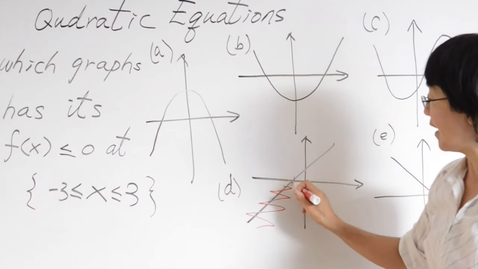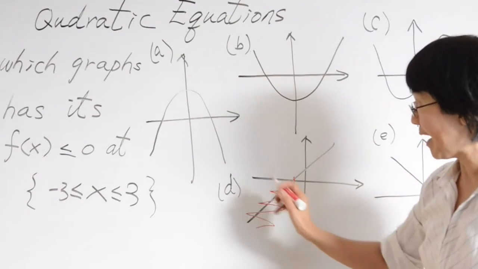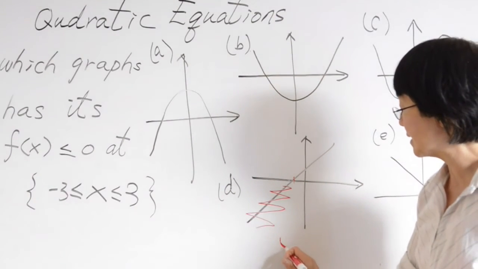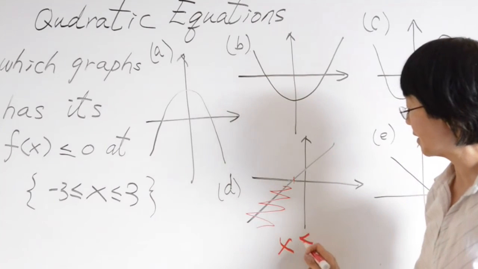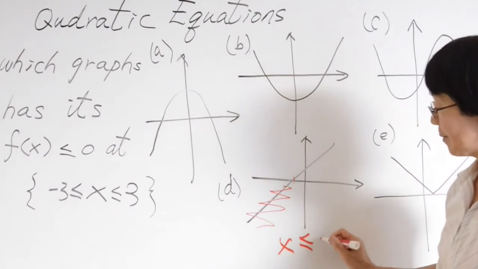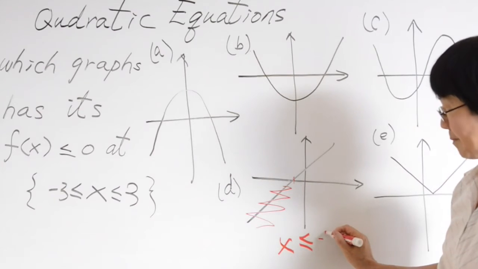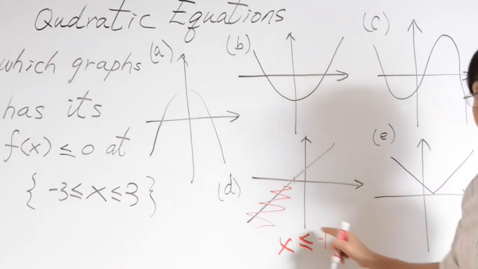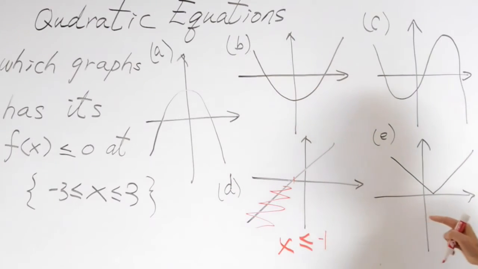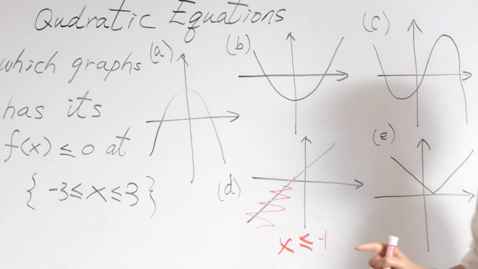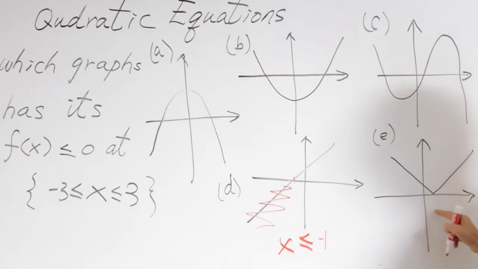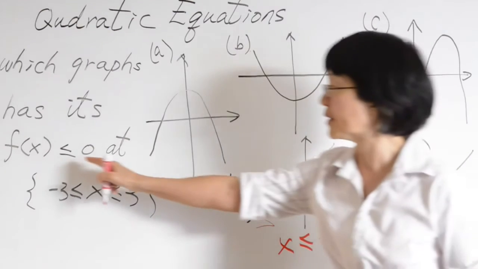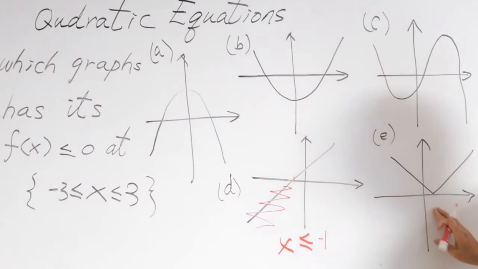So that means if I have some value here, my answer should be x smaller than a negative number. I don't care what number it is, say -1 for now. For this one, it looks like that. And let's look at this one. None of this graph is smaller than 0. They want something smaller than 0. No part of it is smaller than 0. So none. So you don't even have the value. So it cannot be this one either.